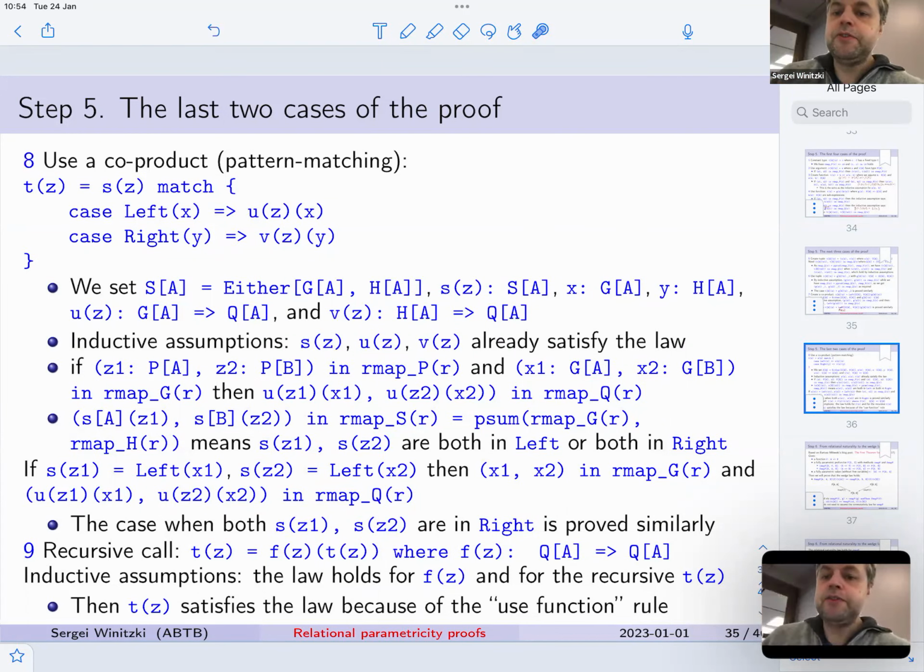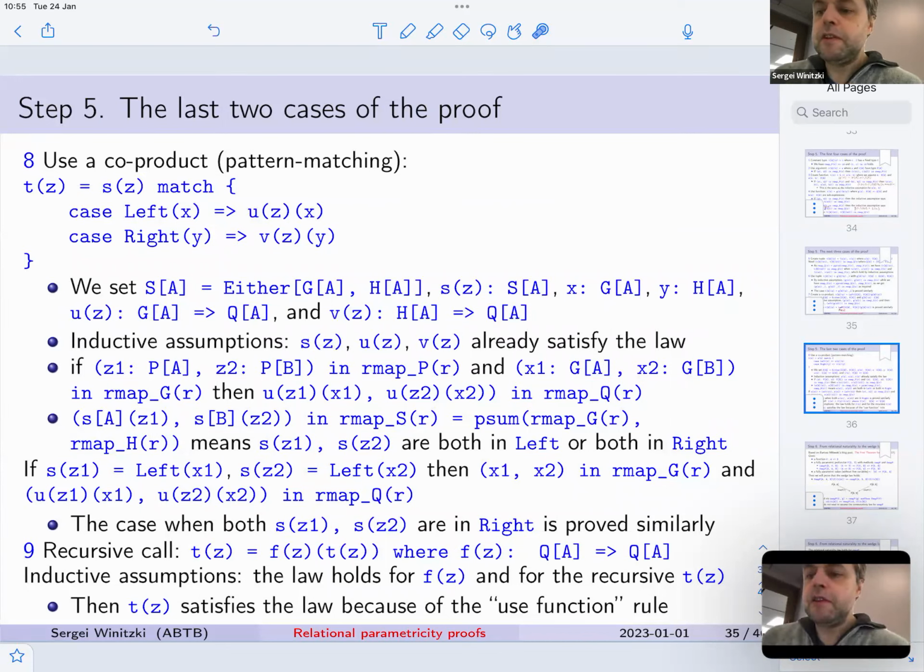And finally, there is a case 9, which is a recursive call, which can be written like this. So T is defined recursively. So the code for T uses T itself inside its own expression. So there's some function F, which is a sub-expression, which is applied to the same expression T of Z that we're trying to define here.